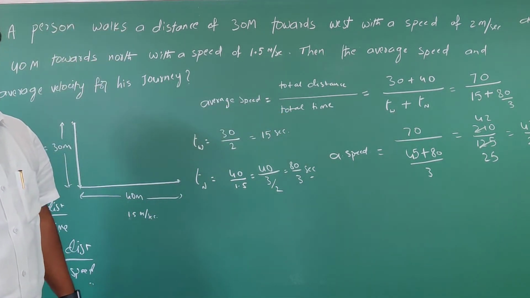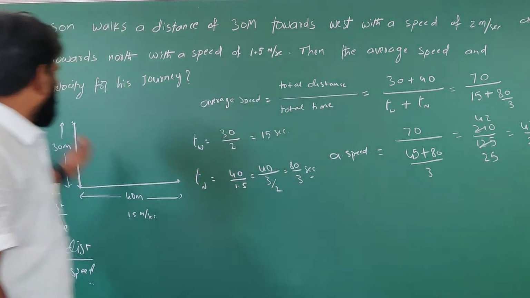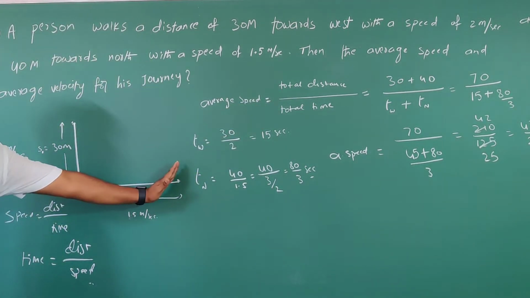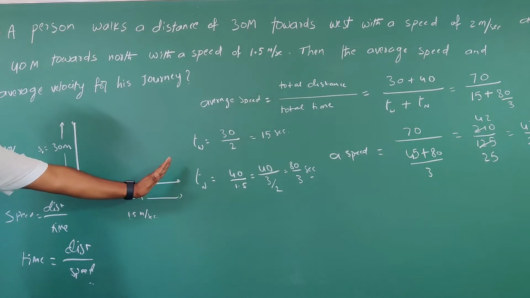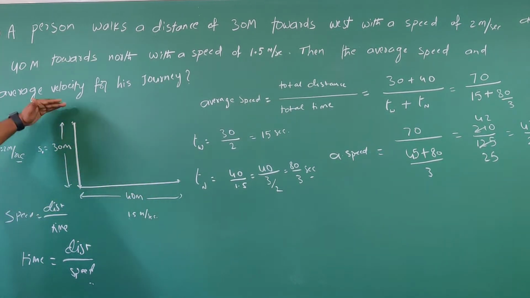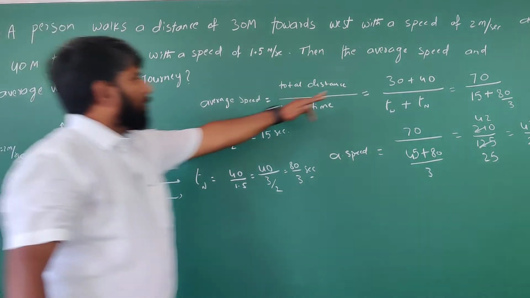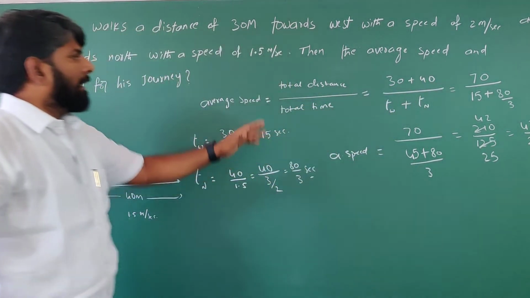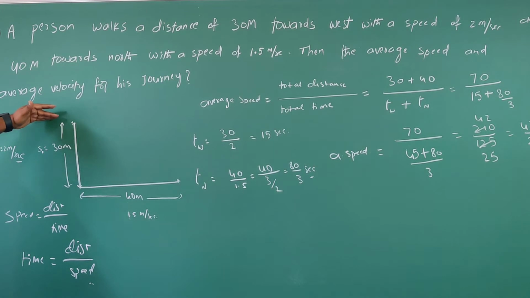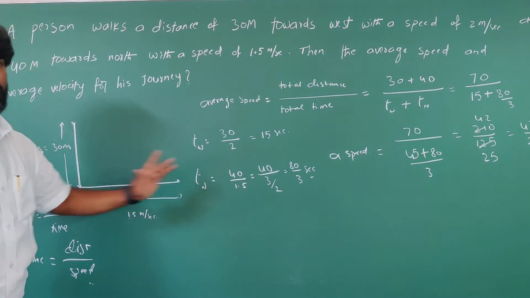Total distance is 30 plus 40 because there is no direction; the length of the original path is called distance. That's why 30 plus 40, total distance 70, by total time. Total time is the time taken for completing 30 meters west and the time taken for completing 40 meters north.